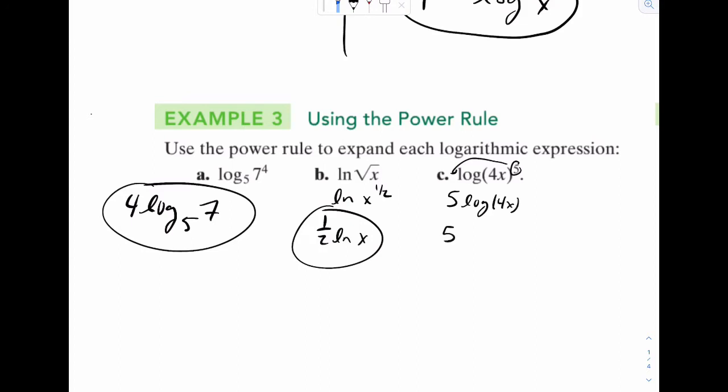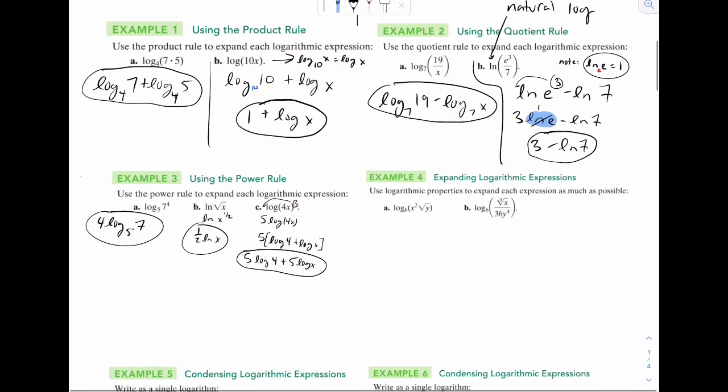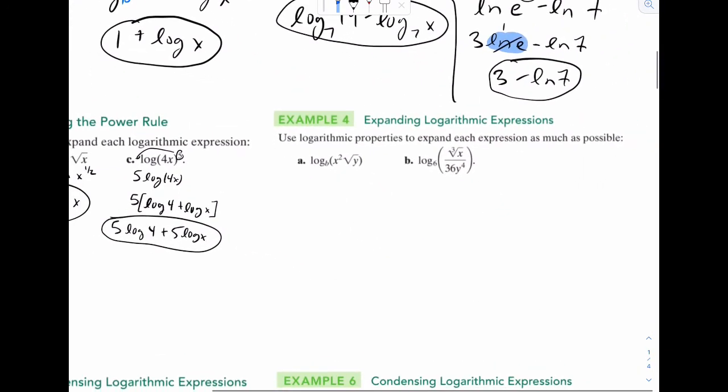And then think of it as one big separation like this. Log 4 plus log x. That distributes to 5 log 4 plus 5 log x. So if you're really good at this, you can do this one kind of in your head.